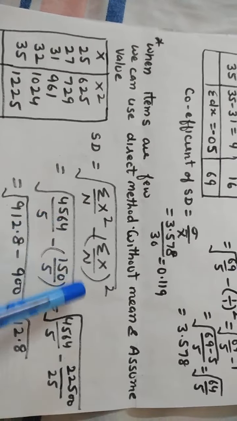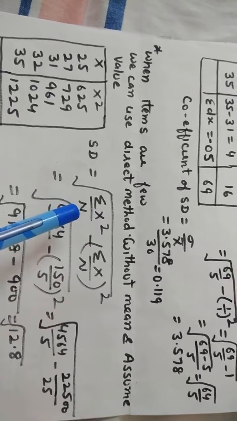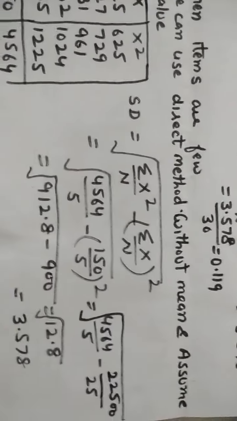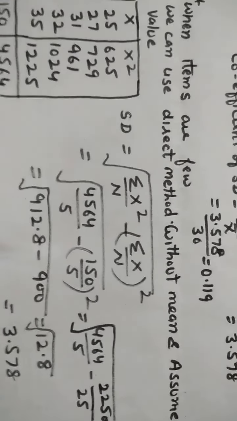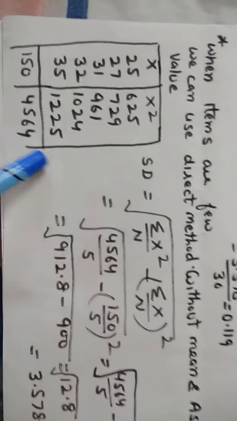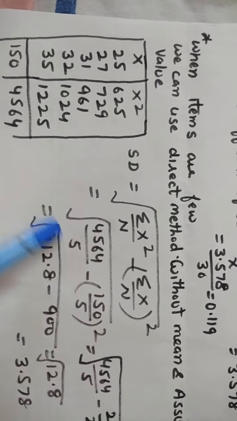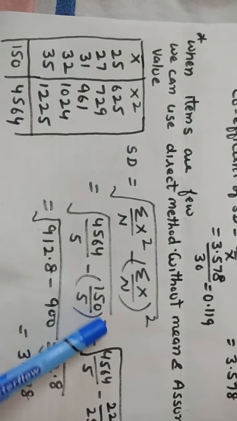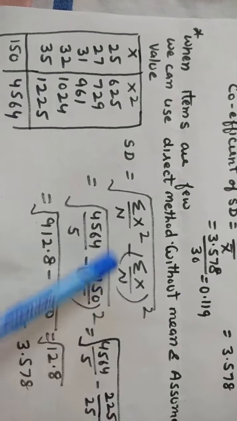Then apply formula summation x square over n minus. By putting value and calculating, we get 3.578 as standard deviation. Summation x square over n is 4.64. Summation x is 150 divided by 5 whole square root. We get 3.578 as standard deviation.